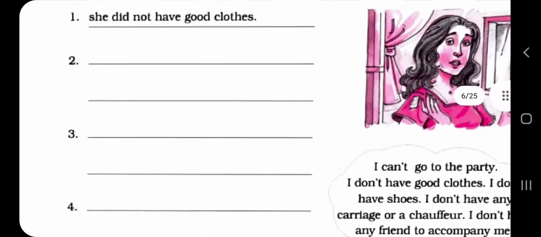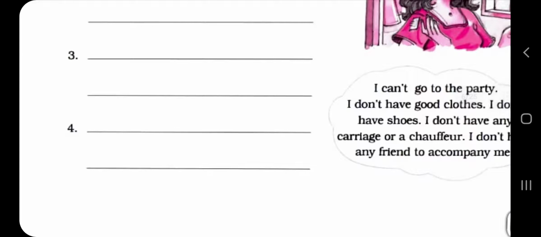Or she did not have... here it is written I don't have good clothes. The help box is already given, so you have to write I can't go to the party, I don't have good clothes.